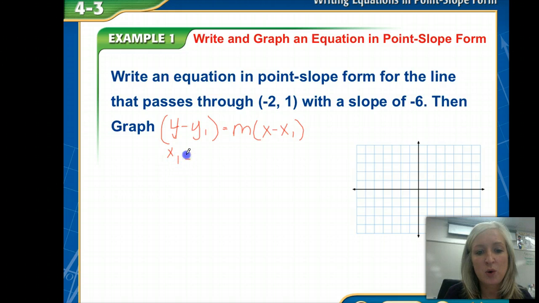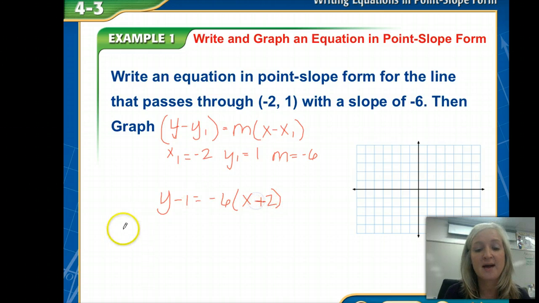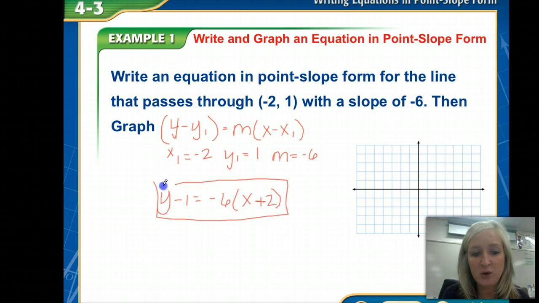I know that my x1 is -2 and my y1 is 1, and my slope is -6. So my equation is y minus 1 equals -6 times x minus -2 again, which becomes a big +2.